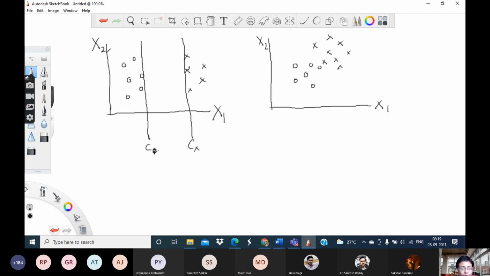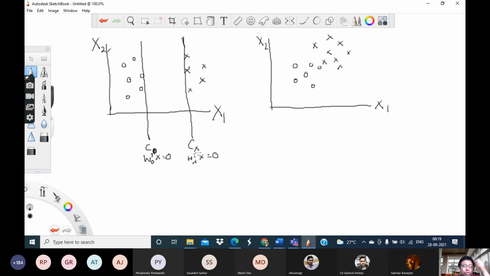Okay, now you agree that both of these classifiers, C circle and C cross, are linear structures, so I can use both of them. I can call this one W circle transpose X equal to 0, and I can call the other W cross transpose X equal to 0. These are the equations of these two linear structures.